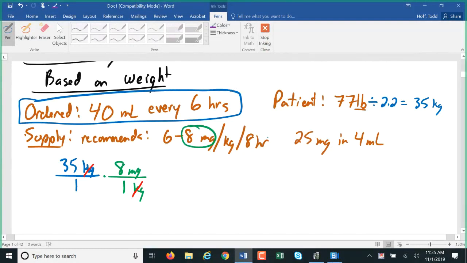So we've put in the 8 milligrams per kilogram here. We're going to convert milligrams to milliliters, so we put the 25 milligrams on bottom so that the milligrams will cancel out, in 4 milliliters.